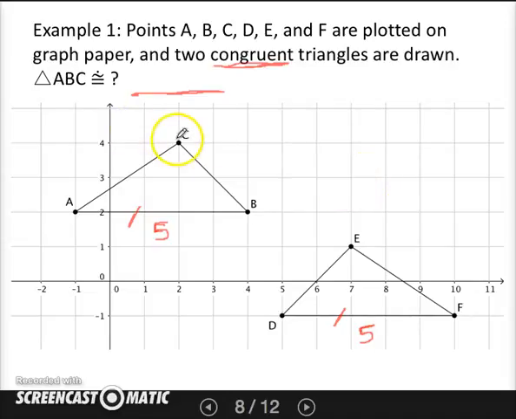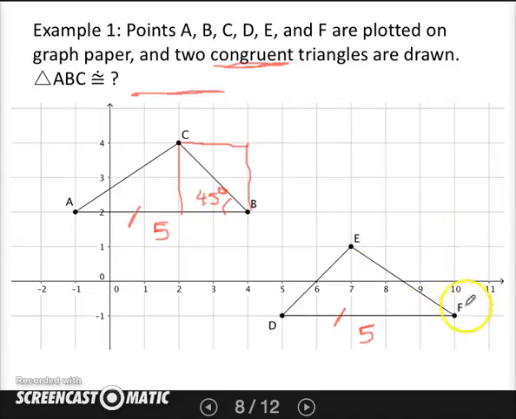It looks like in this triangle we have a special angle here. You might remember that if we have a square and a line forms a diagonal of that square, then it makes a 45-degree angle. So over here in this triangle, is this a 45-degree angle?